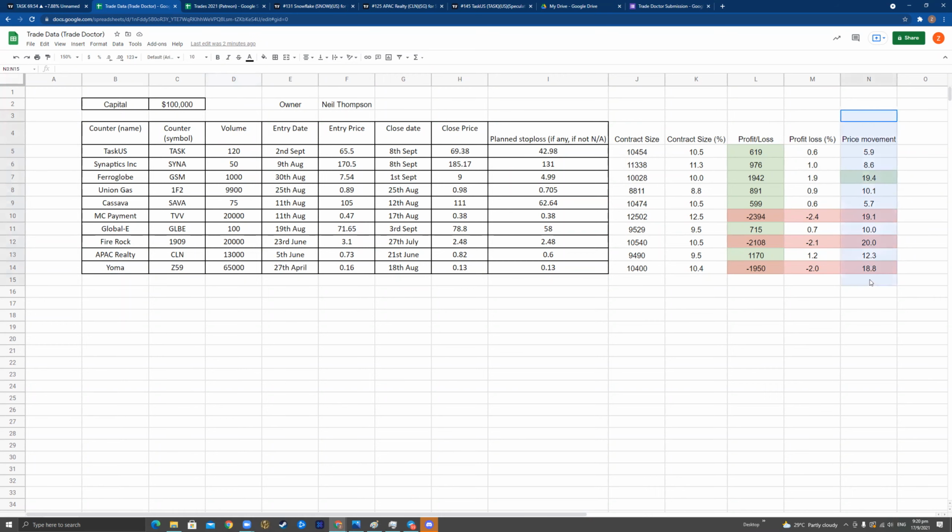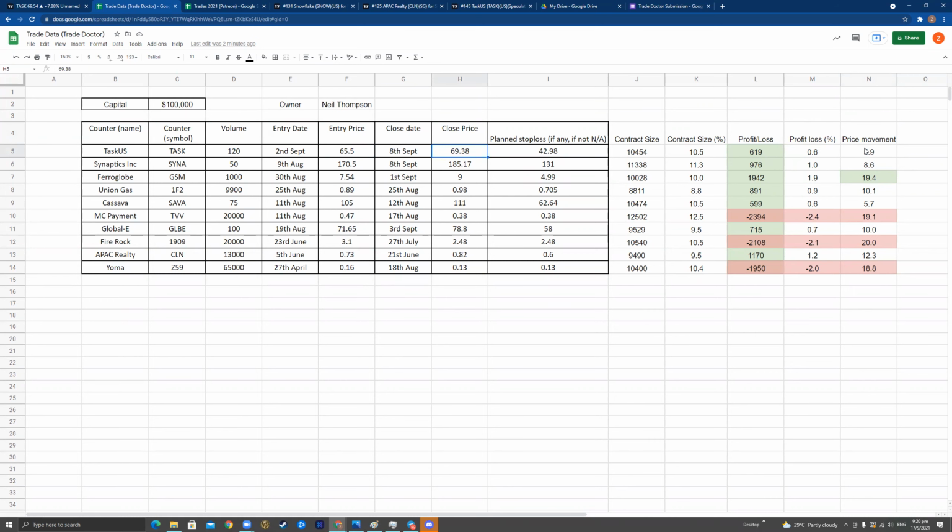Next, this column, price movement. Price movement refers to how far the price moved when he exited. For example, let's say task US. He entered at 65.5, he exited at 69.38, meaning task US actually moved 5.9% from 65.5 to 69.38.